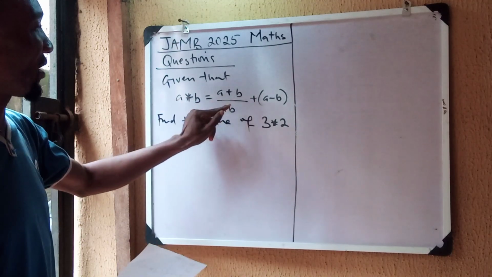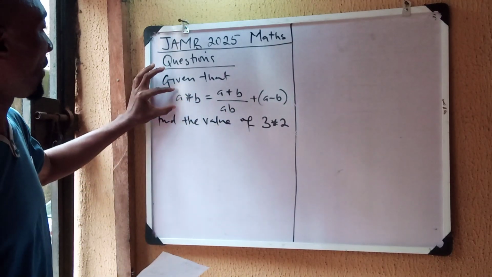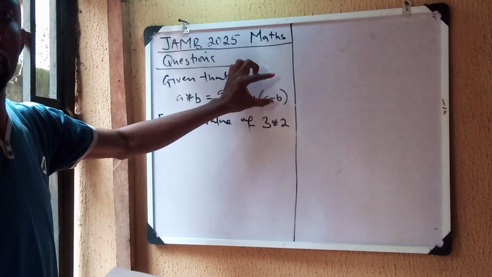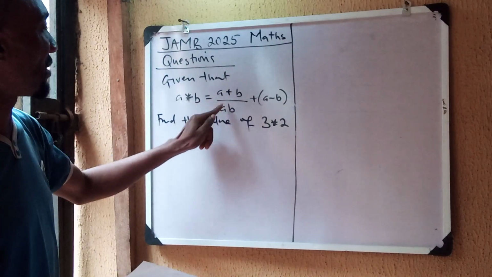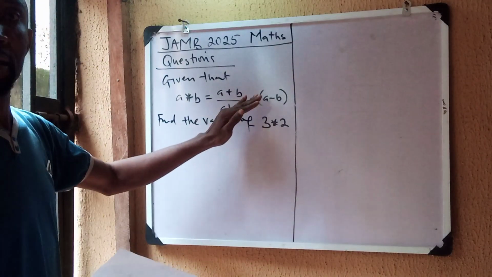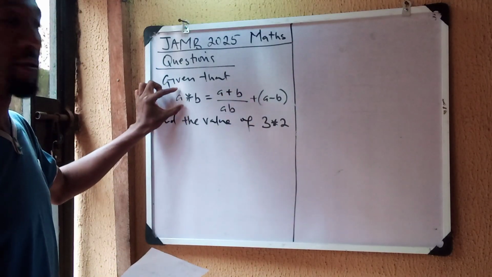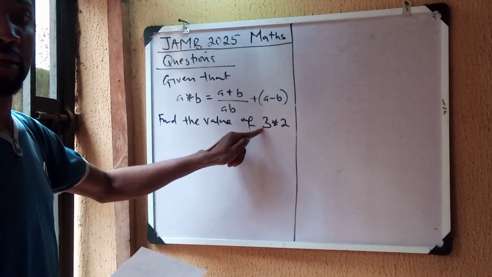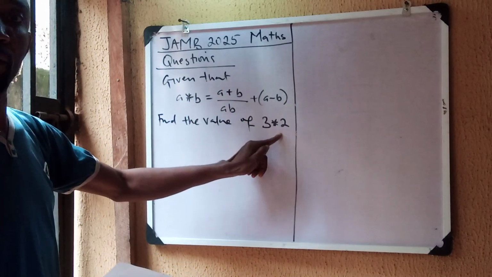This is the interpretation. Binary operation will give you the operation, then this is the interpretation. So if you have A plus B divided by AB, all plus A minus B, it means that anywhere I see A it is represented by 3, and B is represented by 2.